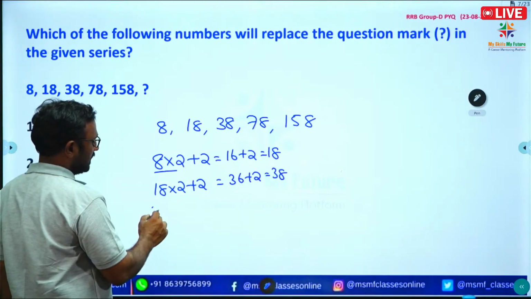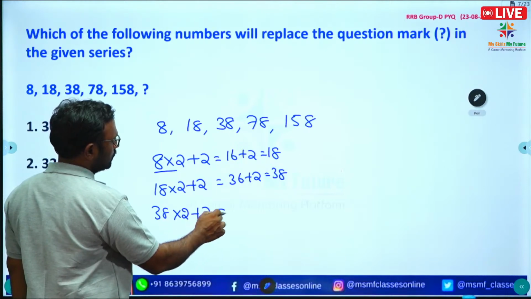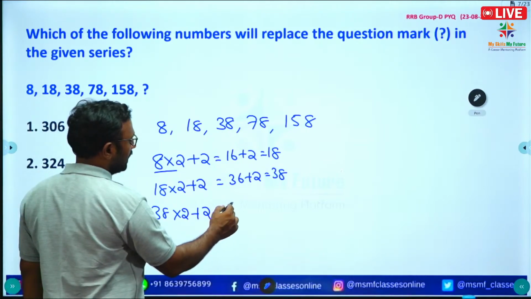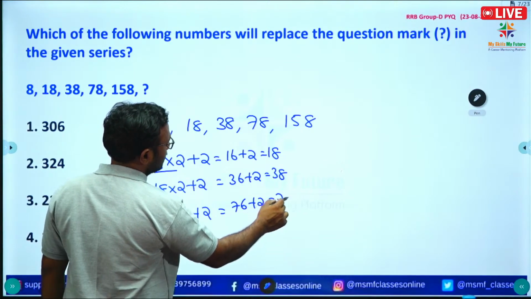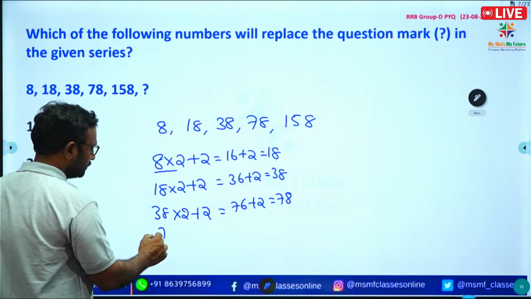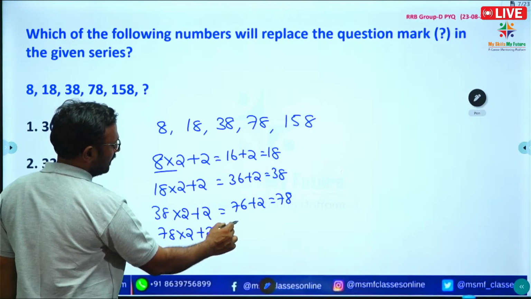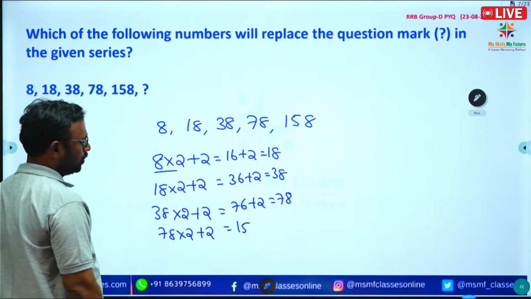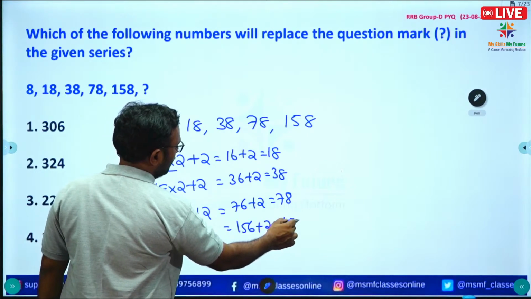Okay, next 38 into 2 plus 2. 38 into 2 we get 76, plus 2 is 78. 78 into 2 we get 156, plus 2 we get 158.